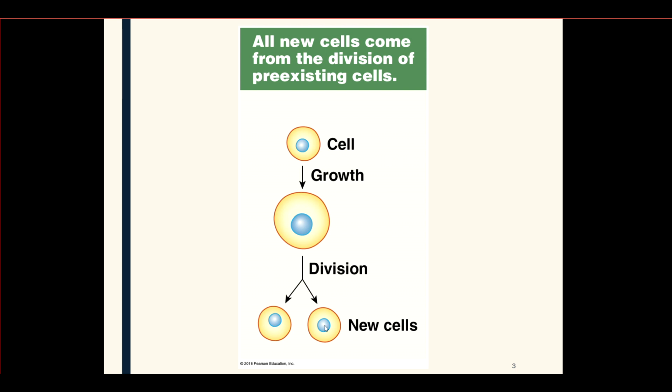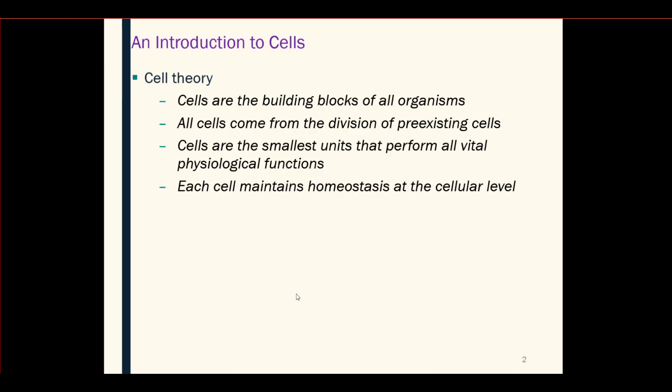This one on the right will divide into two cells, and this one on the left will divide into two cells. So now we have four cells, and they further divide, and it continues to divide until we are an adult and we have, let's say, 75 trillion cells. All of the cells that we have today come from pre-existing cells. They actually come from that very first cell.